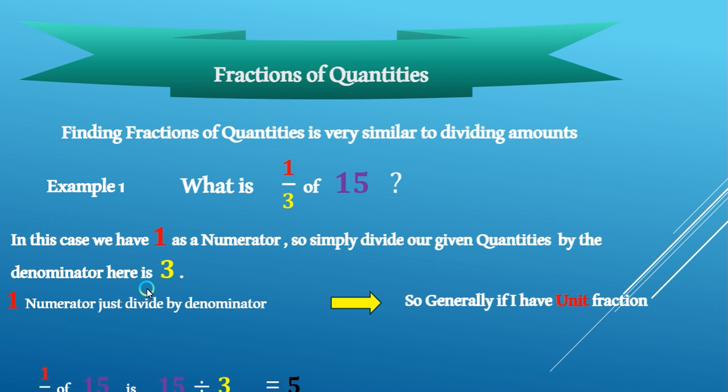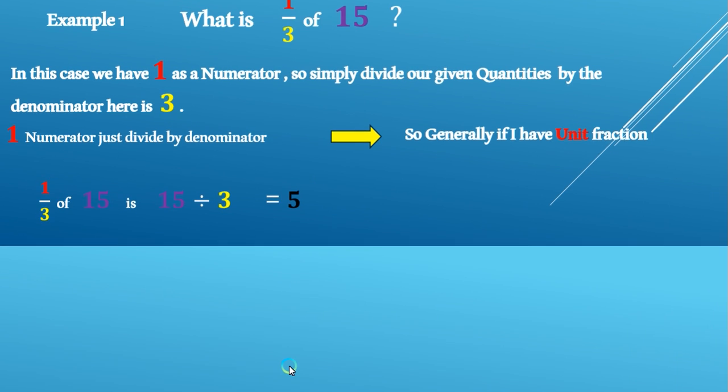Generally, if I have a unit fraction, that means I have 1 as the numerator, in red color, 1 up in the numerator. So 1/3 of 15 is 15 divided by 3. I will get 5.